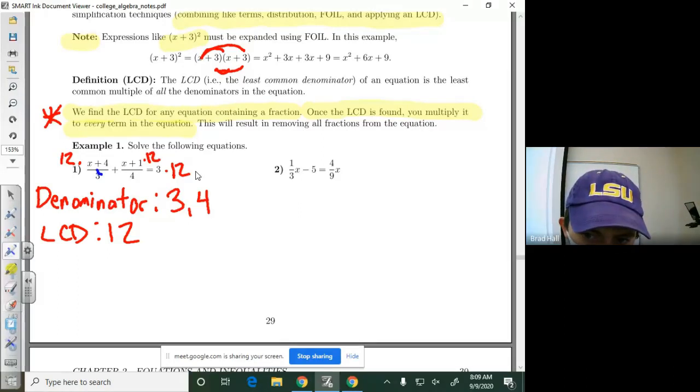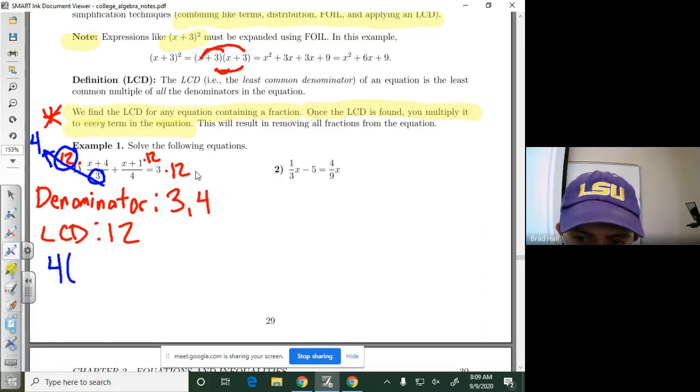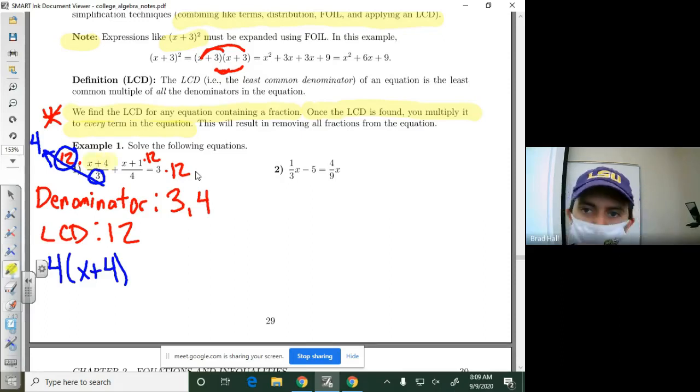So for this first fraction, the 3 and the 12 will interact as 12 divided by 3, which is 4. So that first term will now become 4 times x plus 4. And the x plus 4 is because that numerator stays.